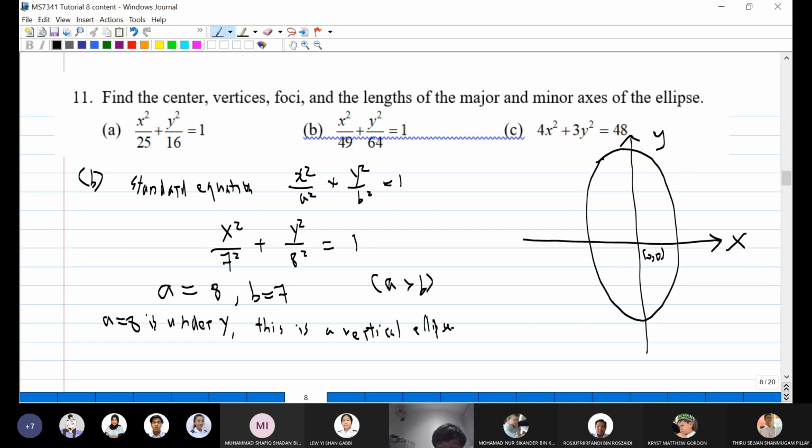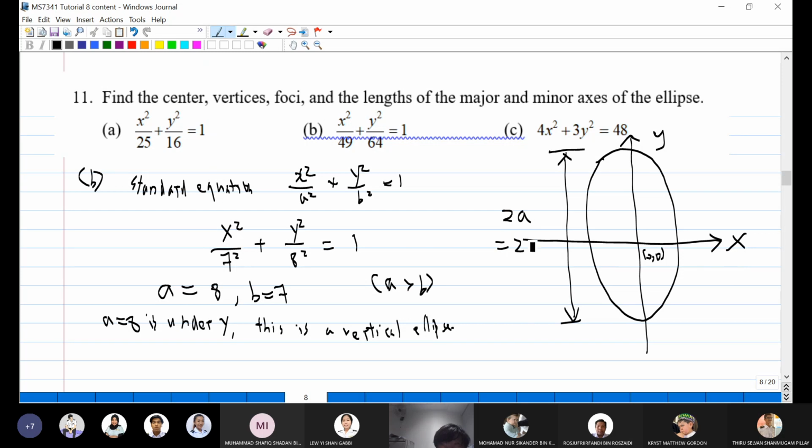Now it's a vertical ellipse. This distance is called 2a, the length of the major axis. So a is equal to 8 now.